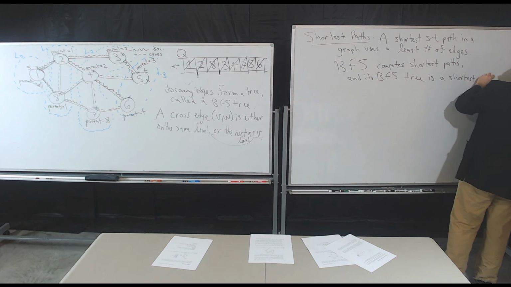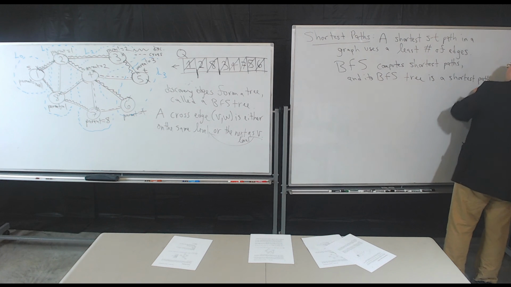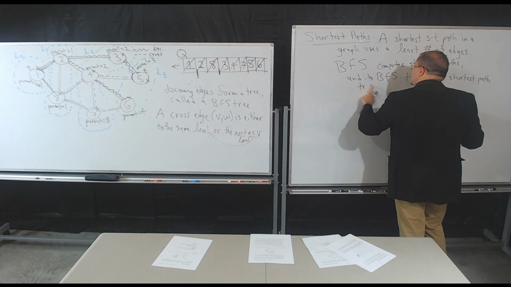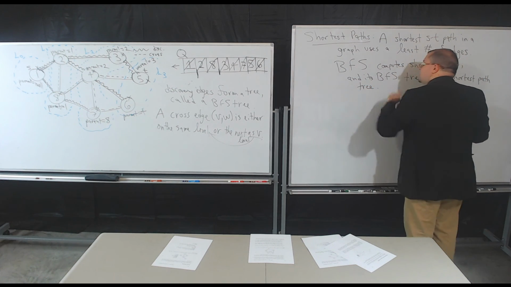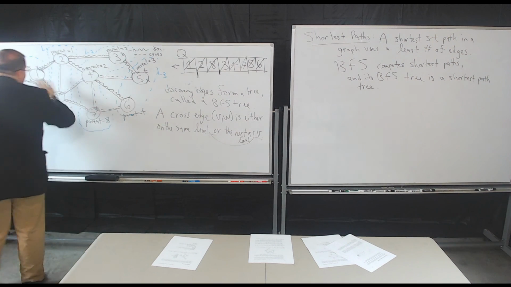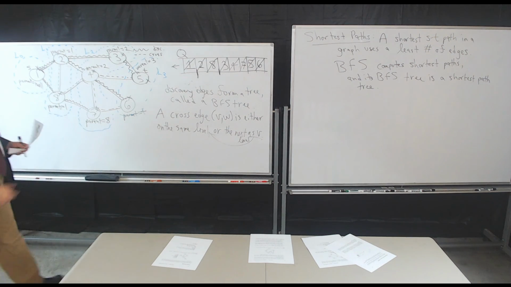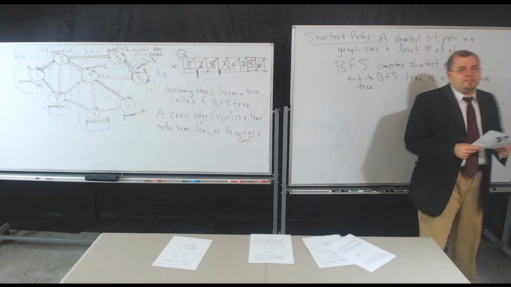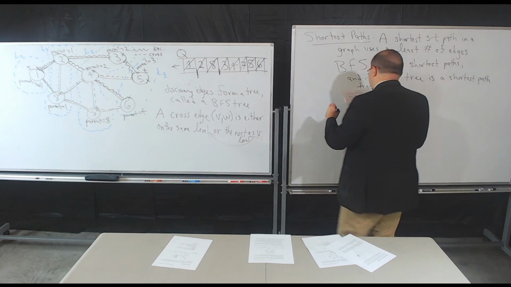So it means if I wanted to get the shortest path from my starting vertex U to any other vertex, this would deliver me actually the shortest path from the starting vertex to any other vertex in this tree. It's a very powerful property. You would not want to use DFS to do this. DFS does not guarantee this property.